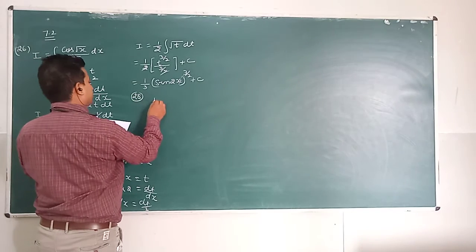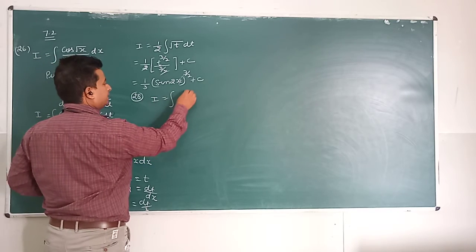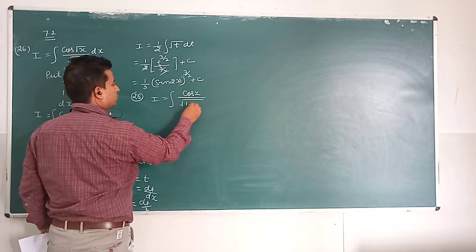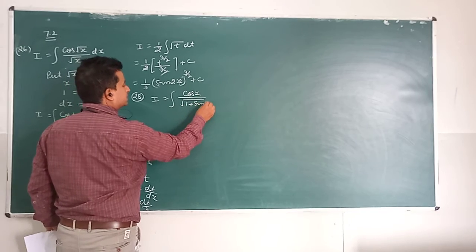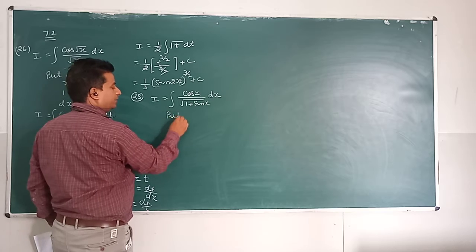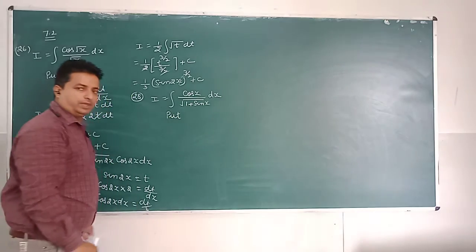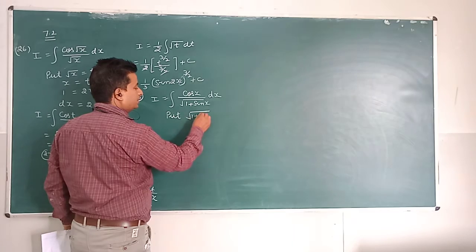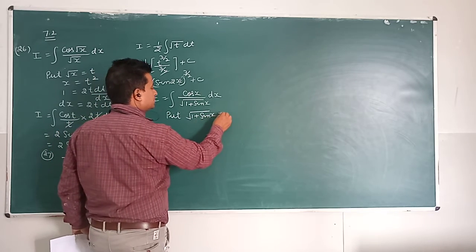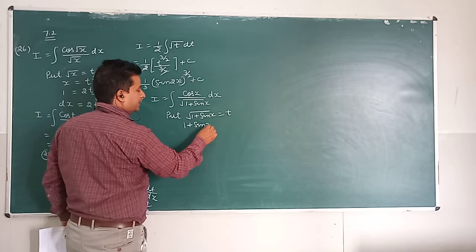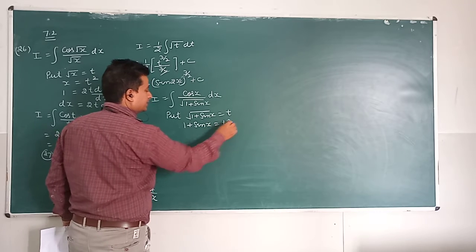In question number 28, the statement is cos x upon square root of 1 plus sin x. As we know, the derivative of 1 is 0 and of sin x is cos x. So we first put square root of 1 plus sin x equal to t, and squaring both sides, this is t square.